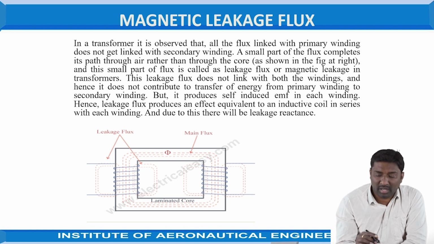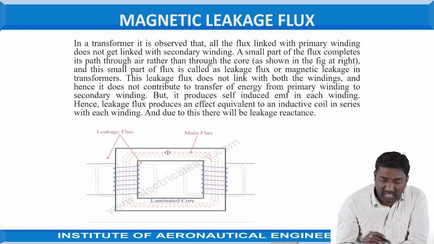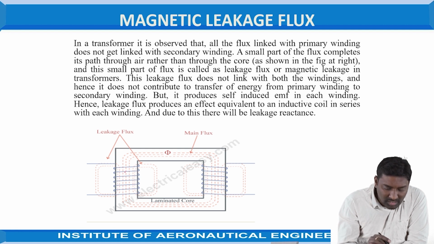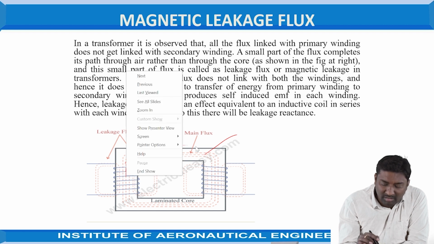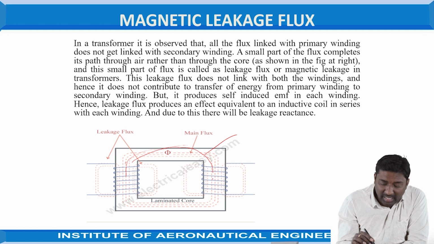You can observe here, as shown in this figure at right. This is the main flux, phi. This main flux is linked with the primary winding as well as the secondary winding.